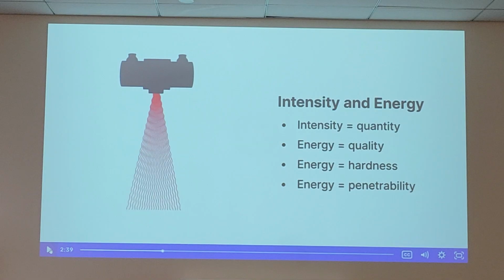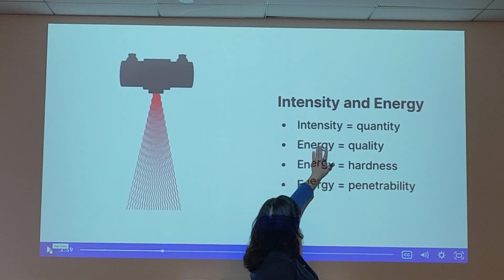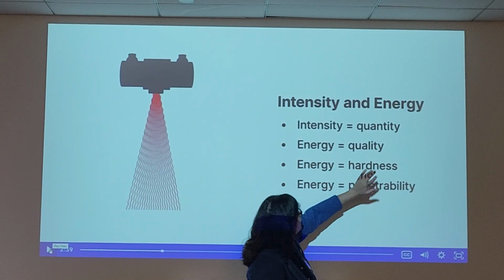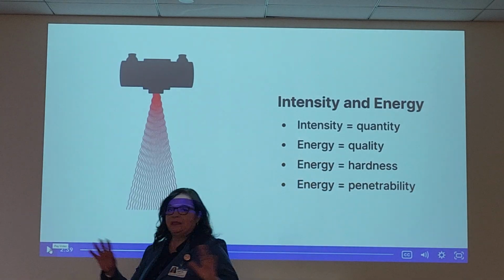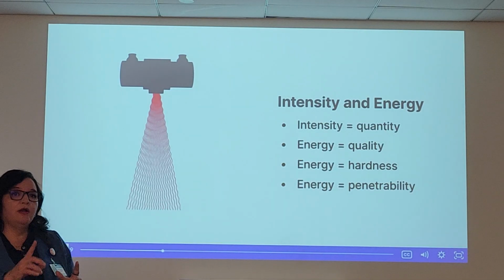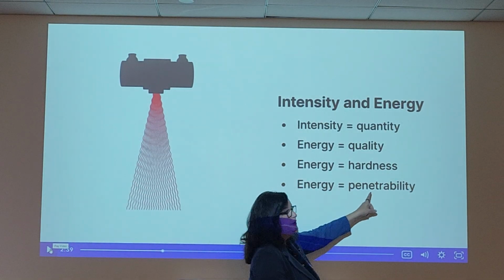We have three energies up here, but this basically means energy equals quality, or energy references hardness, or energy talks about penetrability. Is that a word? Yes. What's hardness again? Hardness is how it can penetrate.